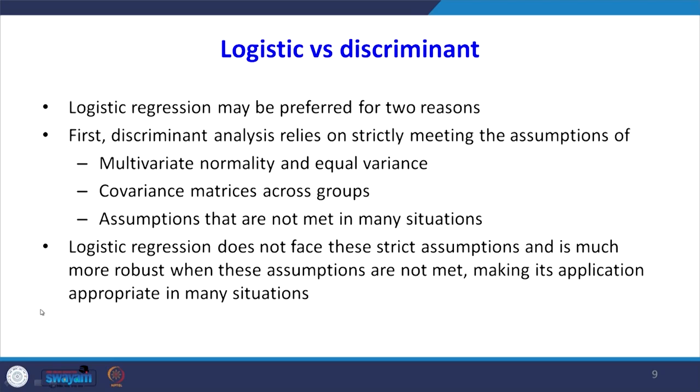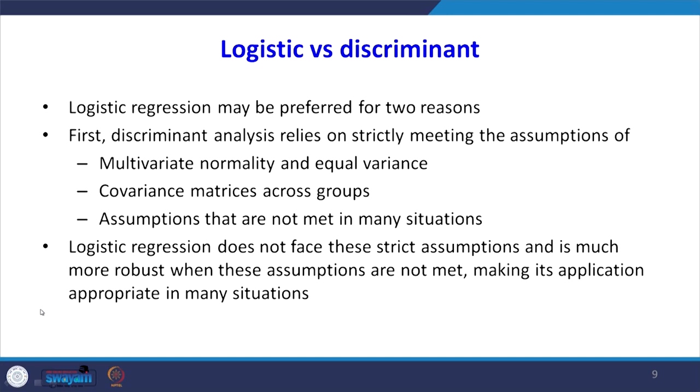See, logistic regression may be preferred for two reasons. First, discriminant analysis relies on strictly meeting the assumption of multivariate normality and equal variance. That is the first assumption for discriminant analysis. That means the data has to follow normality and it has to have equal variance. And equal covariance matrices across groups are necessary when you go for discriminant analysis.